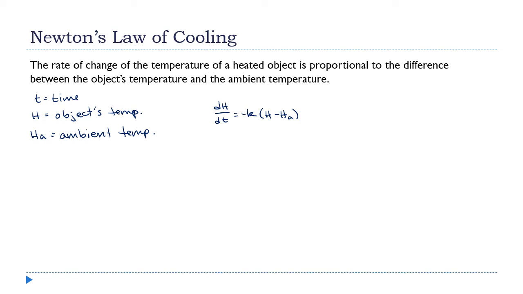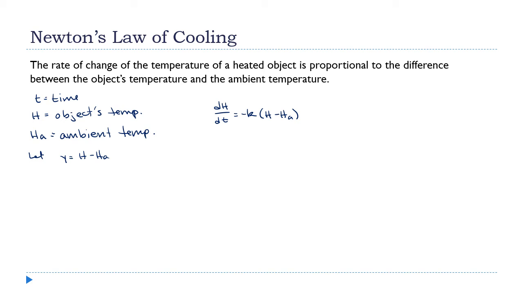Okay, so here's what I'm going to do. This is one of those little math things just to make my life easier. I'm going to let y equal H minus H_A. This is going to make things a little simpler as I go along.